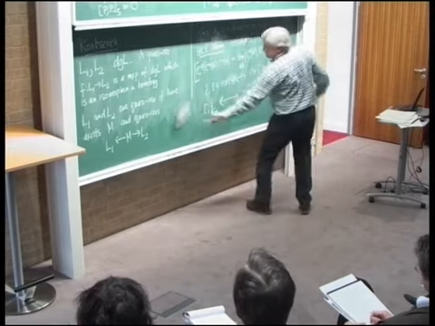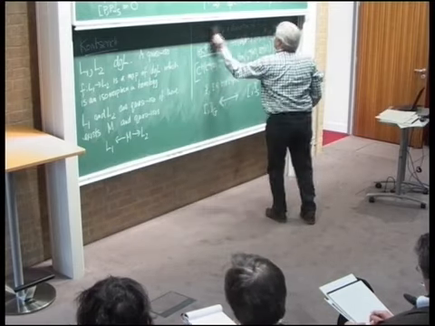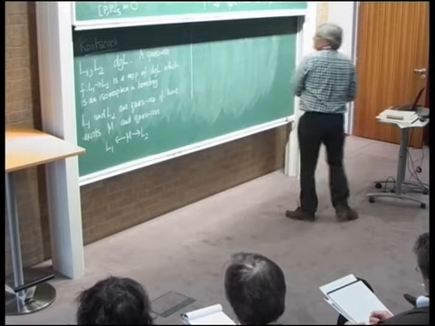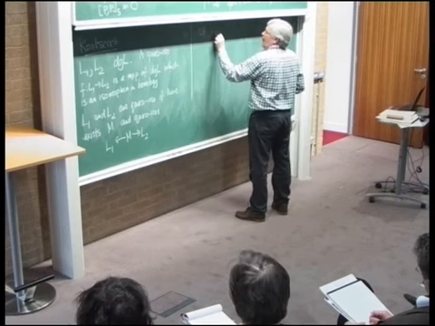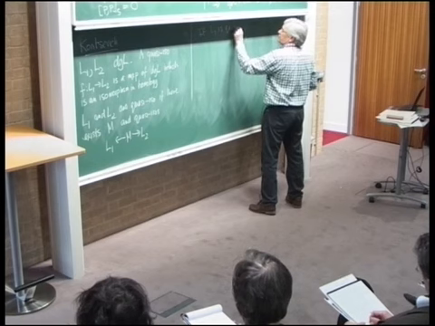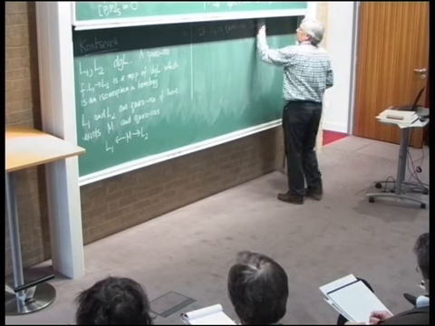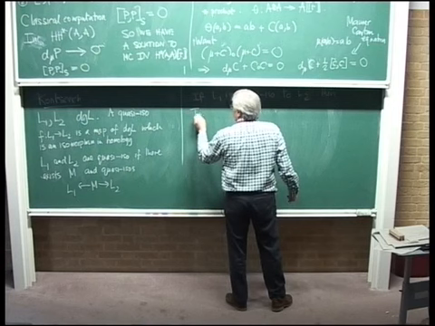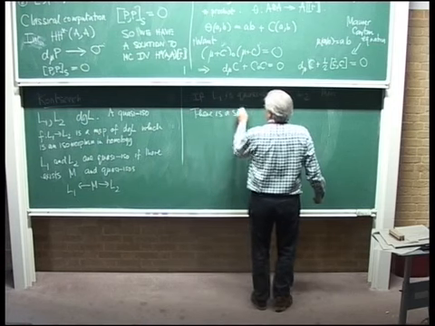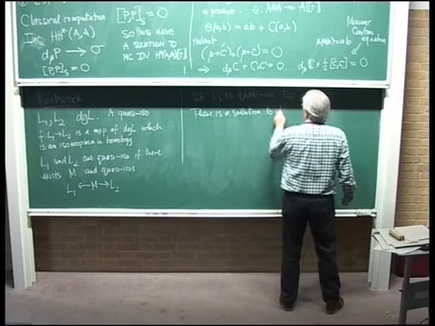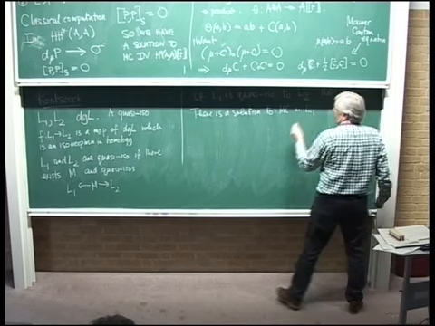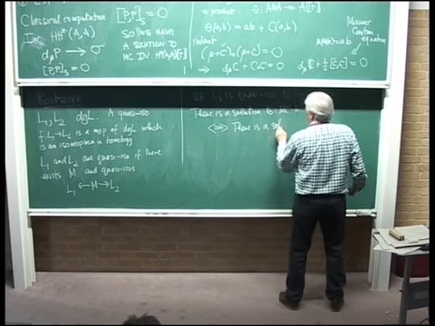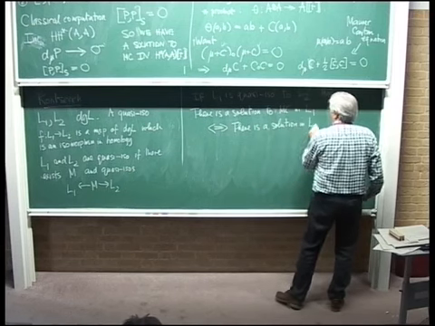That is, if L1 and L2 are quasi-isomorphic, then there is a solution to the Maurer-Cartan equation in L1 if and only if there is a solution in L2.